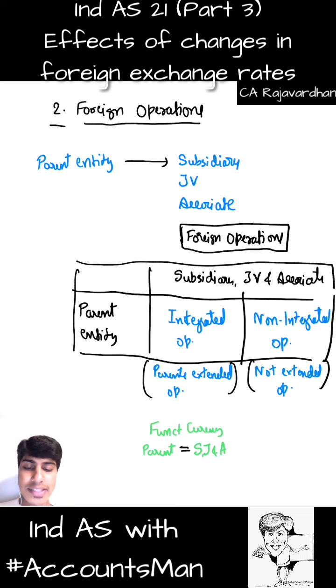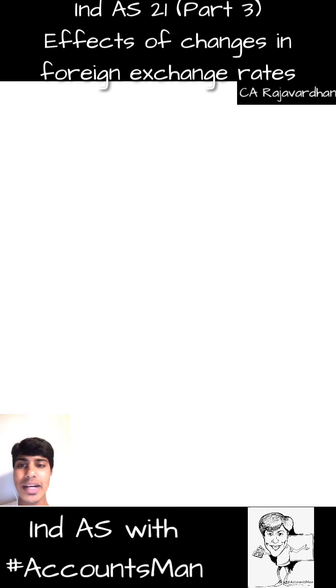What if the entities are non-integrated? Then the functional currency of the parent and the functional currency of the subsidiary, joint venture and associate will not be the same. Then what do we do? Among the group, the functional currency has to be specifically identified for each entity. You get that? I'll help you write this down.